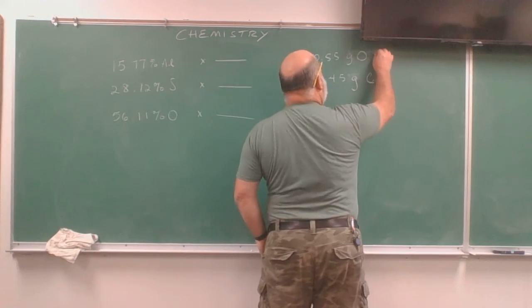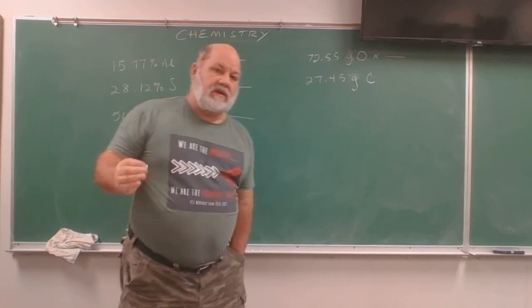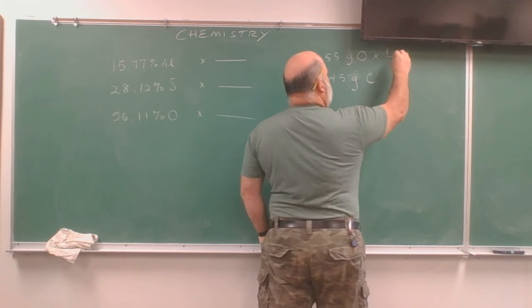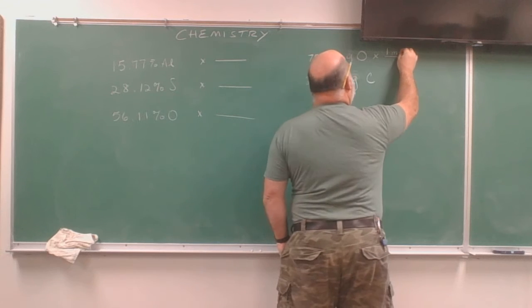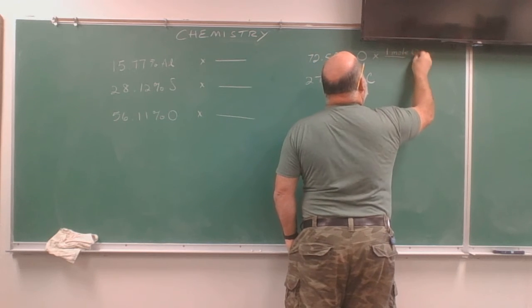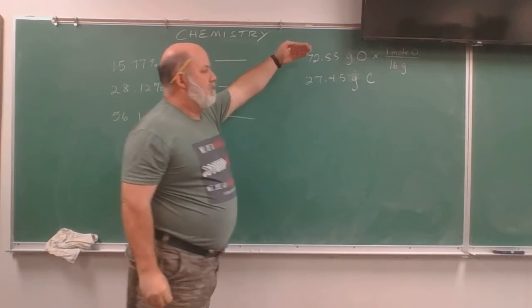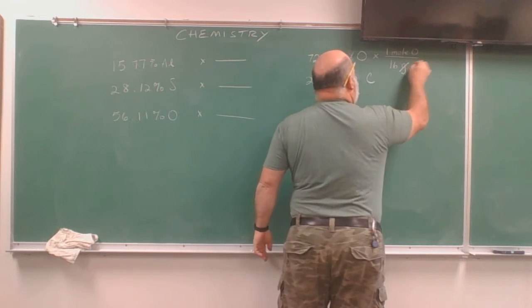So how do I change this into moles of oxygen? Well, from my periodic table, I look at the molar mass, the mass that they have on the periodic table. I know that 1 mole of oxygen weighs 16 grams. I have the grams in the denominator because I want these grams to cross out.